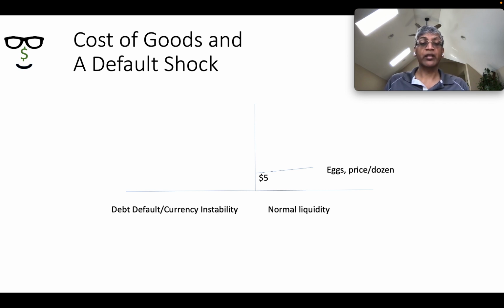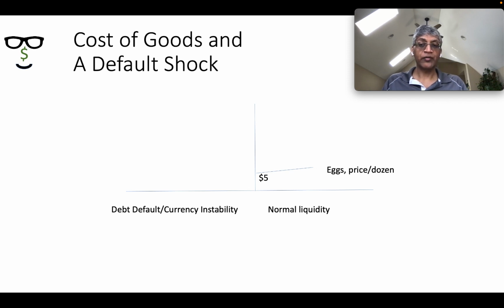What happens when there is a debt default or currency instability? If you are the owner of a chicken farm and you have eggs you want to sell, the purchaser of your eggs gives you currency in exchange, which is not completely as stable, meaning the might of the government behind it, the purchasing power of the currency behind it, is in doubt.